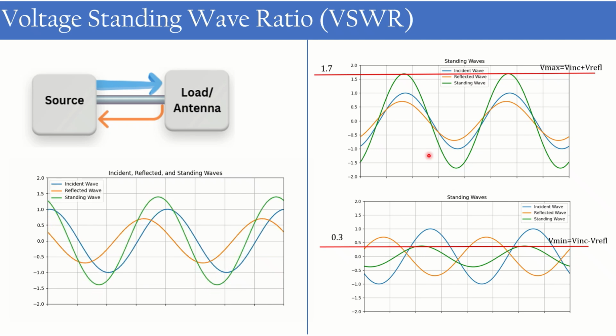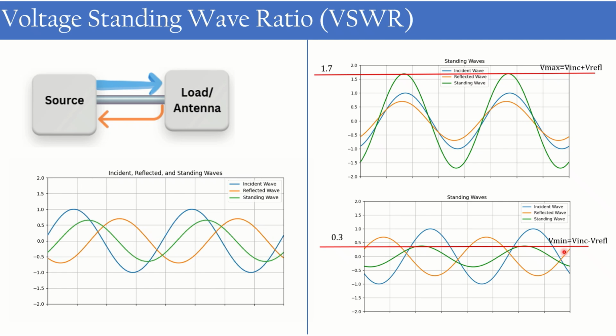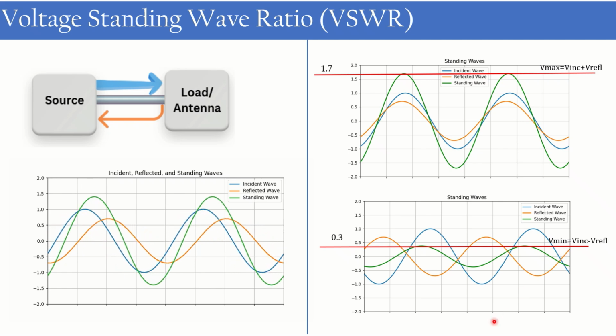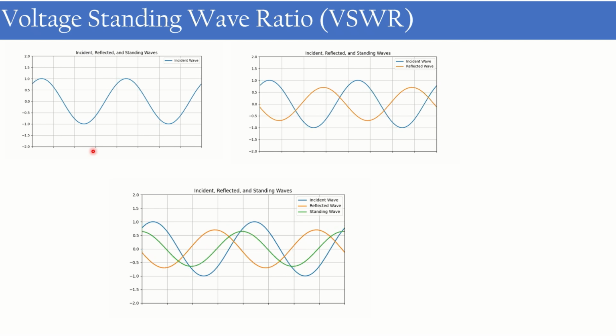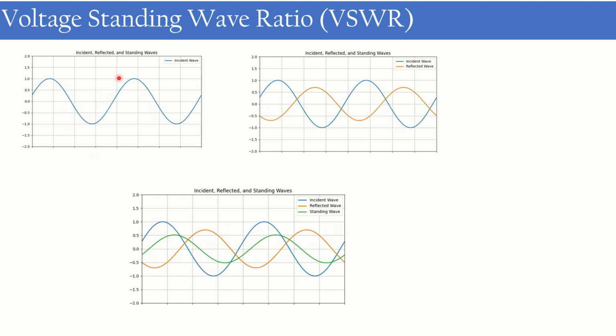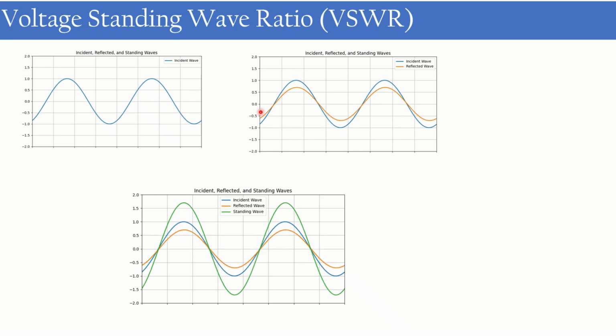The ratio of this maximum value to this minimum value is known as the voltage standing wave ratio. I have put all these animations together. Here you can see the incident wave and here the reflected wave.